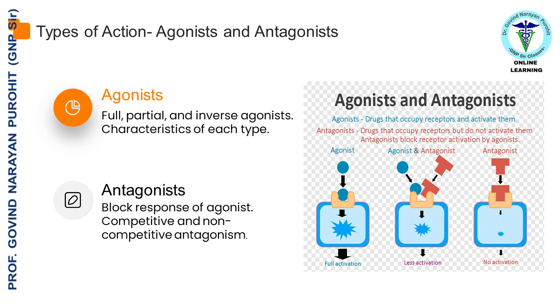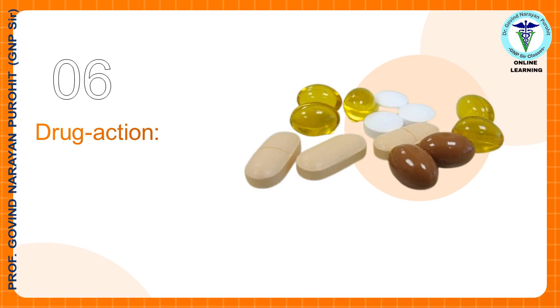Inverse agonist activates a receptor to produce an effect in the opposite direction to that of the well-recognized agonist. Affinity equals 1, efficacy equals -1 to 0. Drug action is the initial combination of the drug with its receptor resulting in a conformational change in the latter, in the case of agonist, or prevention of conformational change through the exclusion of the agonist, in the case of antagonists.